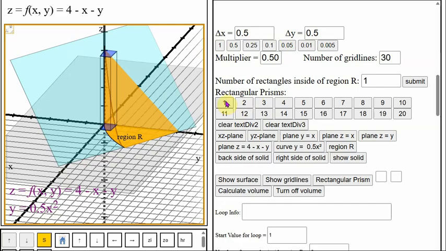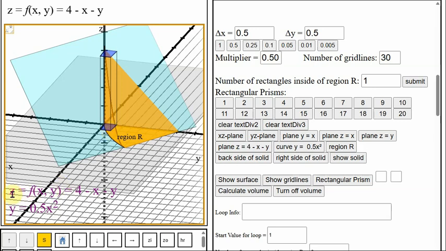And so here's the first rectangular prism. And then to calculate the height of this rectangular prism, I picked a point right in the middle of this rectangle right here. And so from here to here is 0.5, from here to here is 0.5, and therefore the point in the middle will be 0.25 for the x and 0.25 for the y.